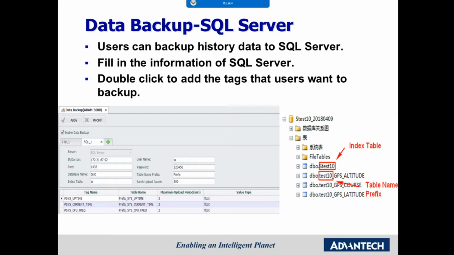When batch upload is set, such as 200, the queried cache of 200 pieces of data will be uploaded to the server in batch. Double click to add the tags that users want to back up. Note, because the backup tags are stored by the data logger, users must select the tags configured in the data logger.